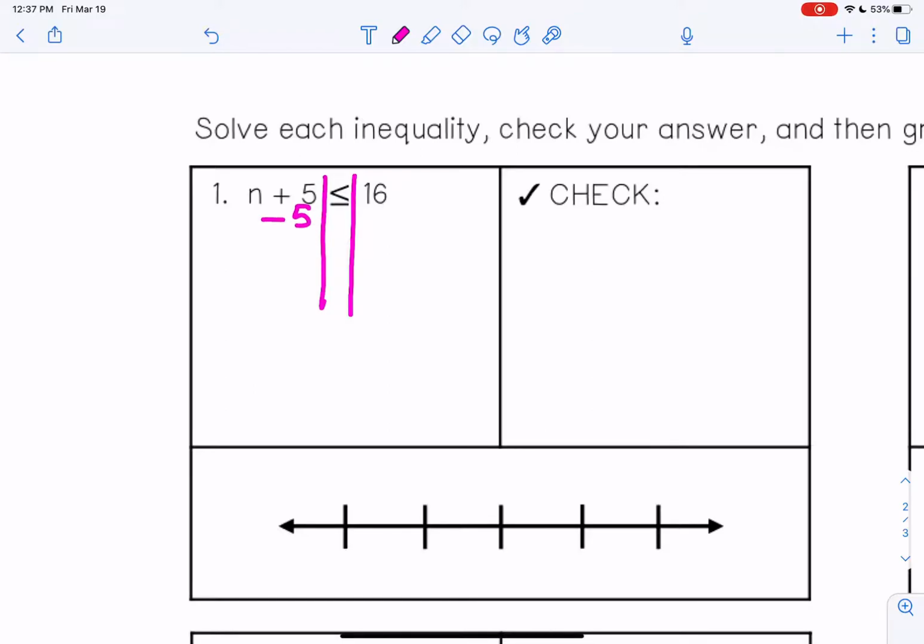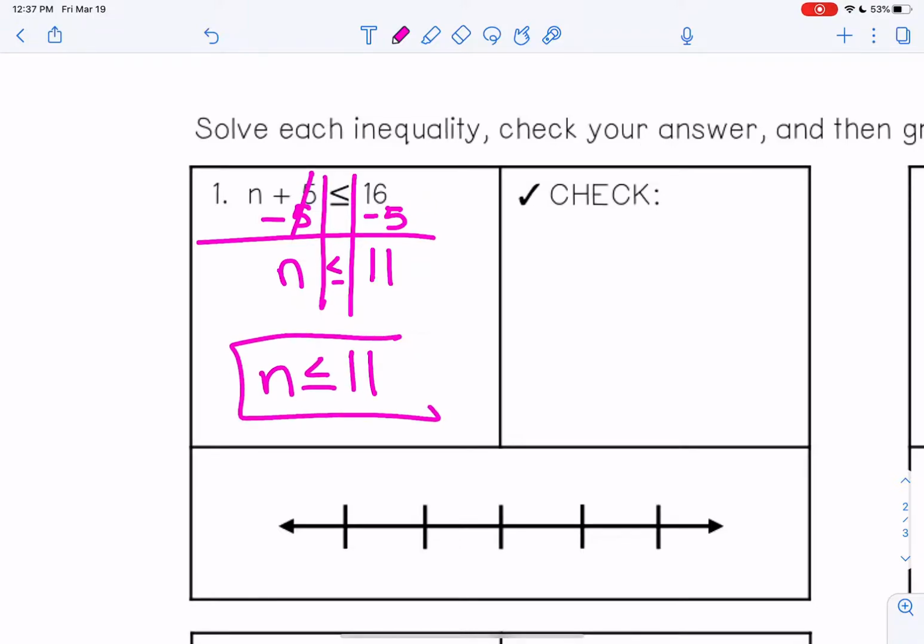We want to keep our inequality balanced, so we're going to subtract 5 from both sides. 5 minus 5 is 0, and we're left with n is less than or equal to 16 minus 5, which is 11. Okay, so we get n is less than or equal to 11.